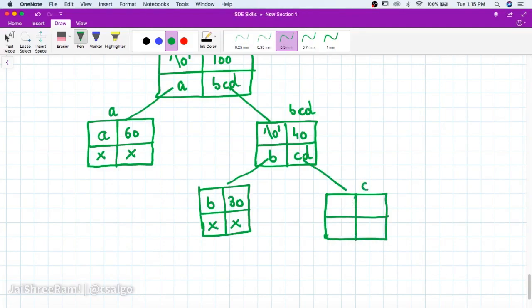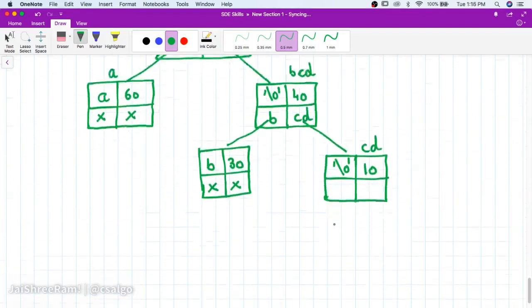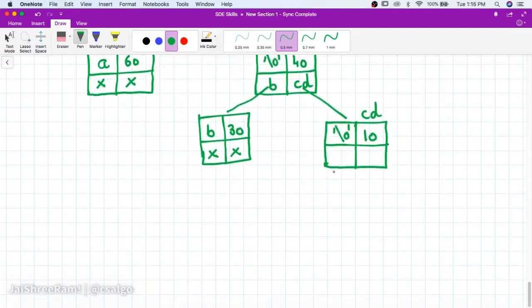So this is my CD node. Its character is a null character, its cost is 10, and on its left we will be having the C node, and on its right we will be having the D node here.